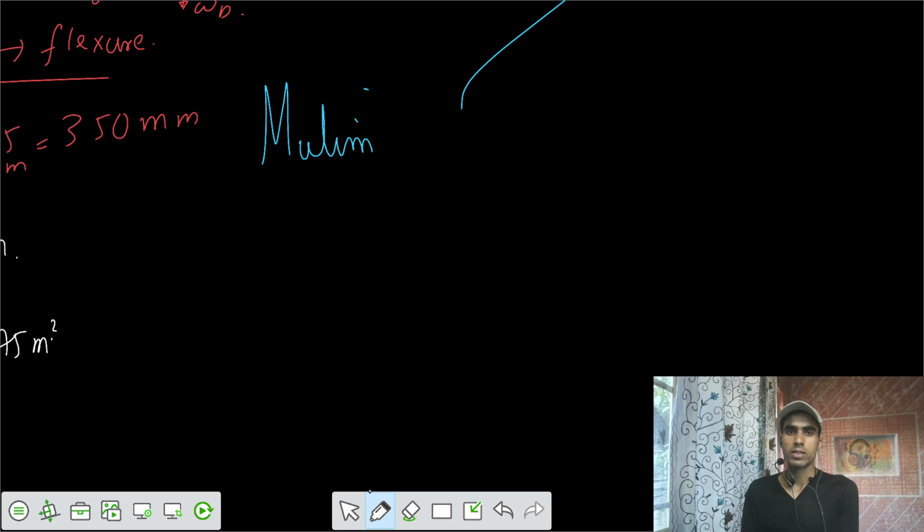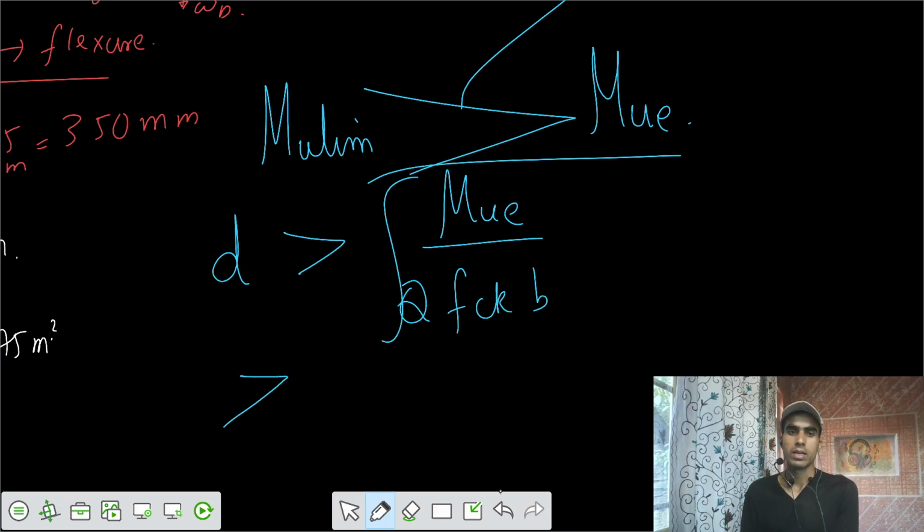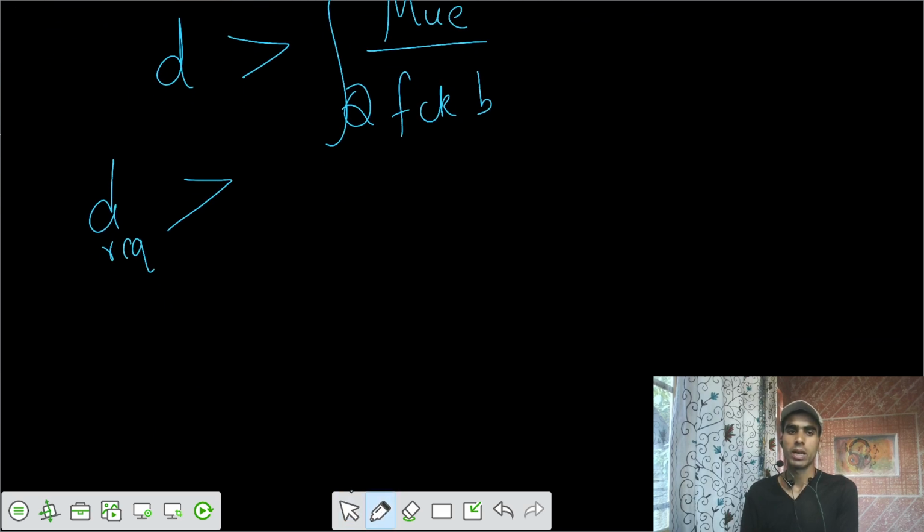Now I have to ensure that the limiting moment of resistance is greater than the external bending moment. So D should be greater than the square root of Mu by Q times fck b. That means the required D should be greater than this value for the section to be under reinforced.